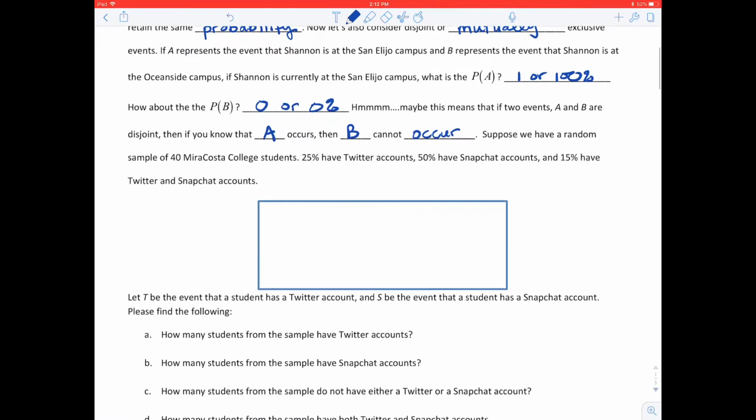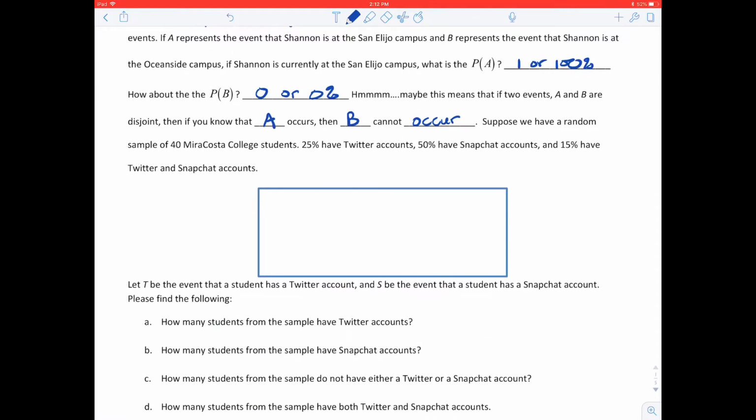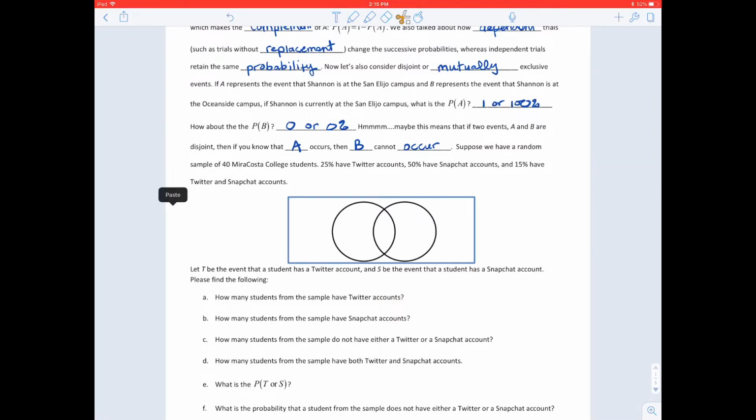Suppose we have a random sample of 40 MiraCosta College students. 25% of these students have Twitter accounts, 50% have Snapchat accounts, and 15% have Twitter and Snapchat accounts. So let's take a look at drawing a picture. I've put in a couple circles, and let's model what's happening here. You can either model it with the actual number of students, or you can model it with the probabilities.